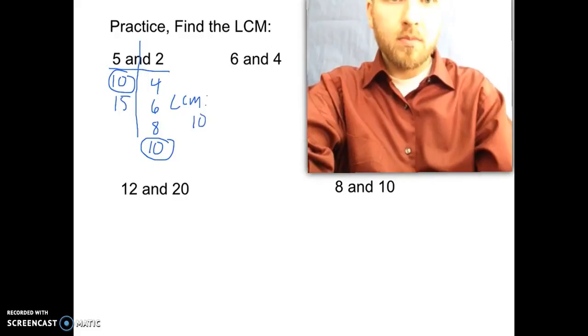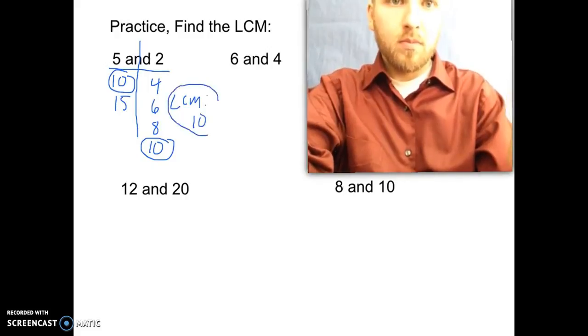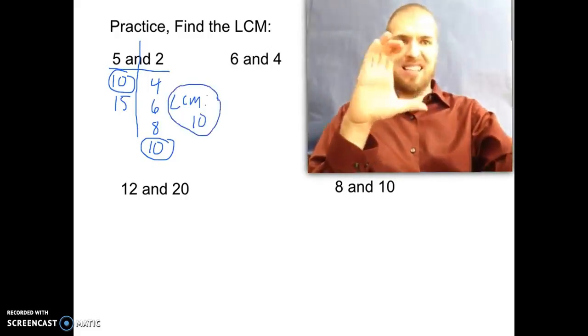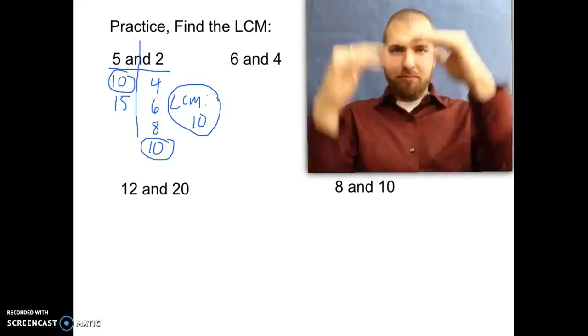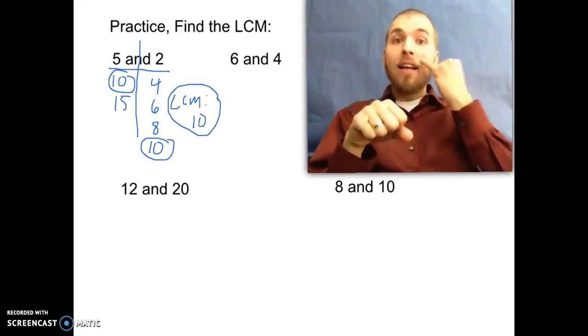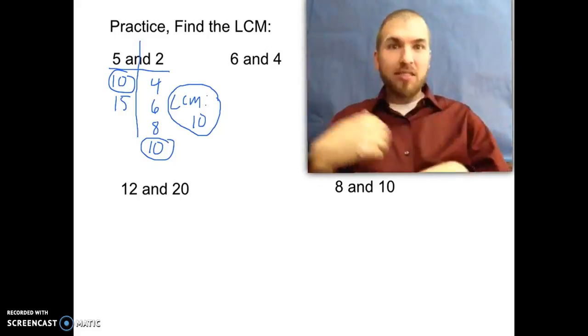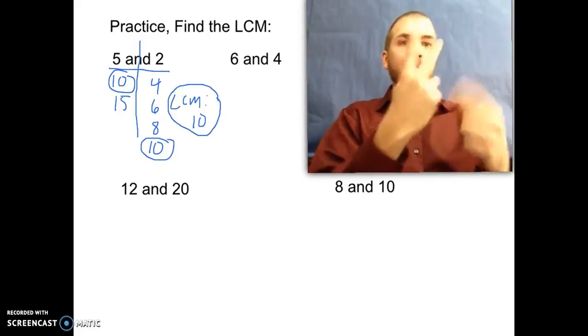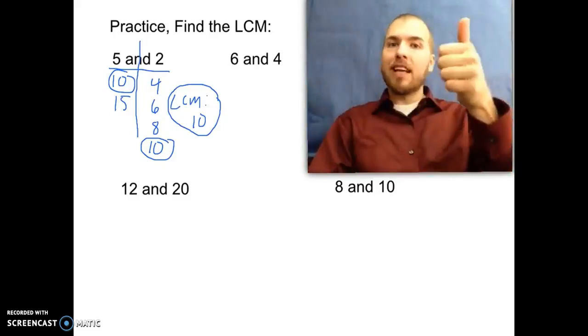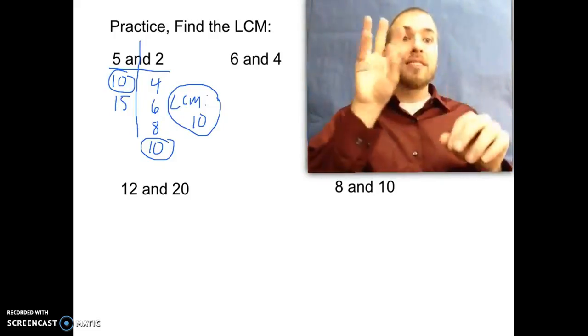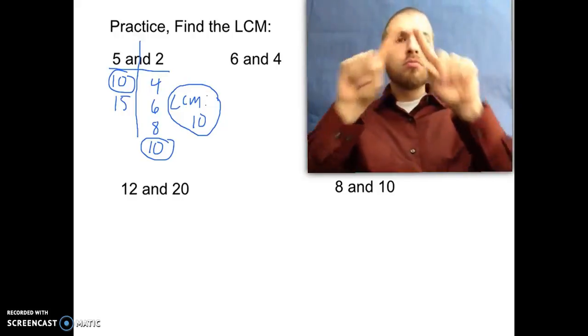So our LCM is 10 for 5 and 2. Or if you wanted to use the factoring method for these numbers, you definitely could. You would get the same answer because 5 and 2 both are the smallest factor that they could be.